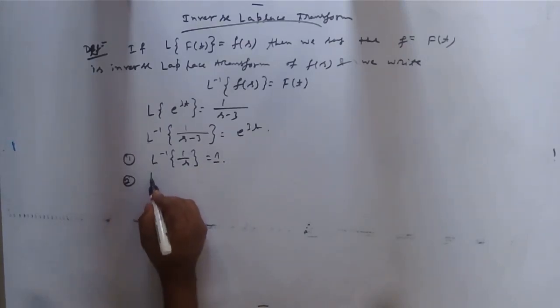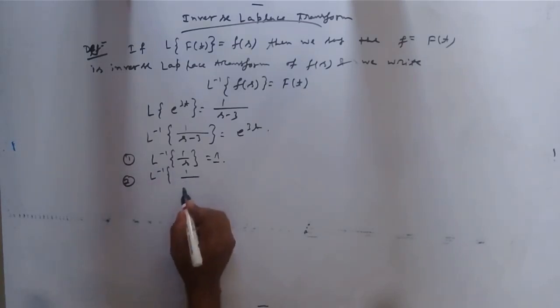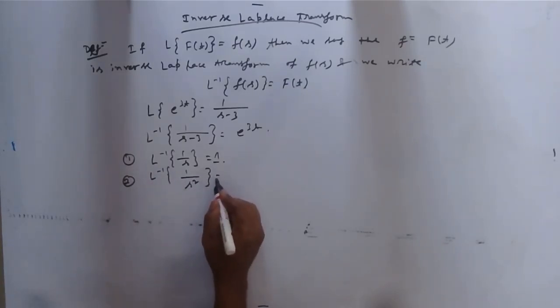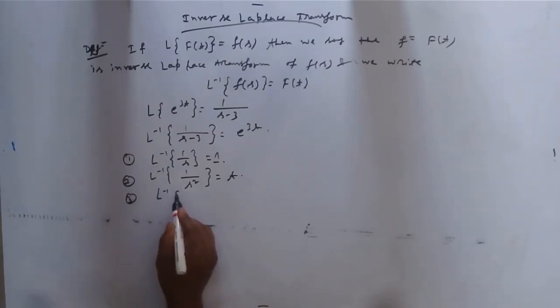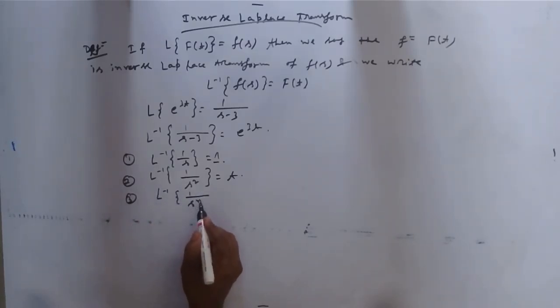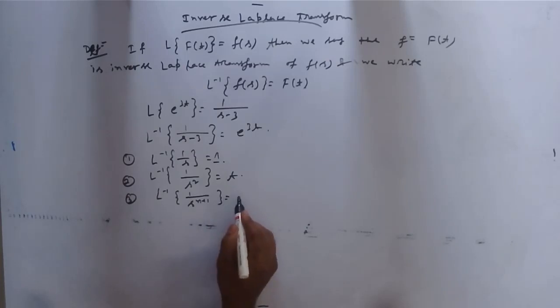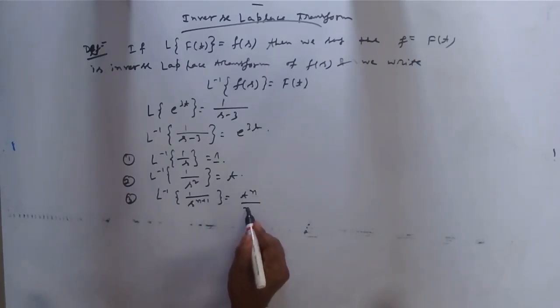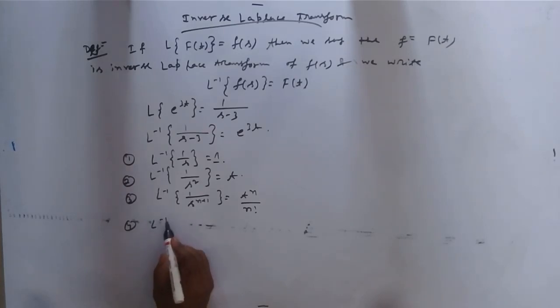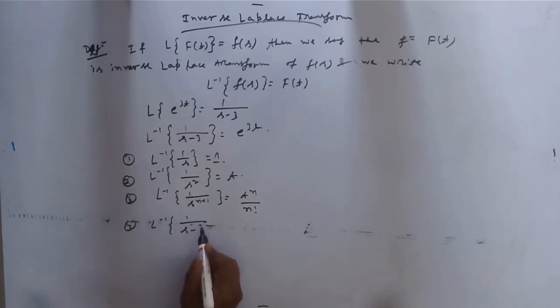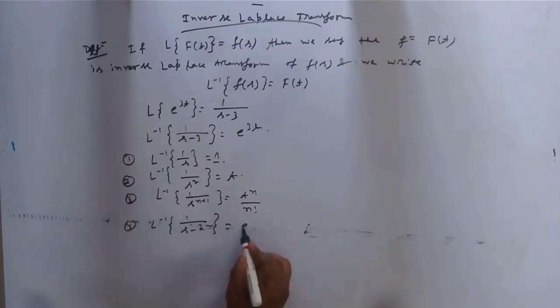Number 2, L inverse of 1 by s square equals t. Number 3, L inverse of 1 by s to the power n plus 1 will be t to the power n by n factorial.